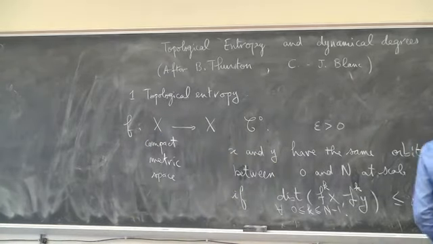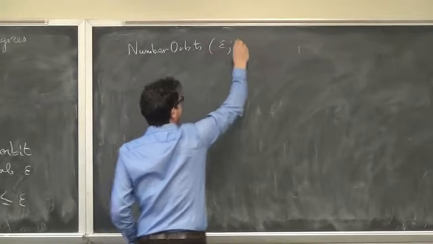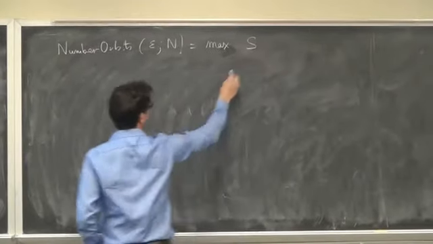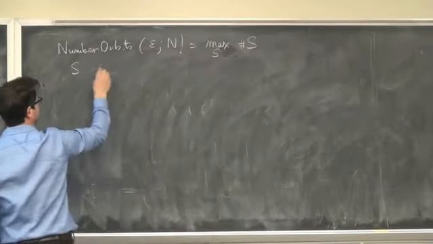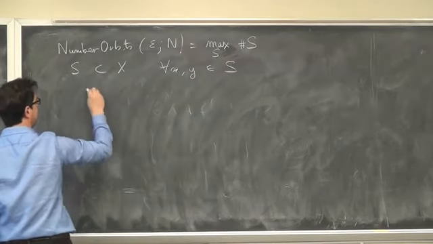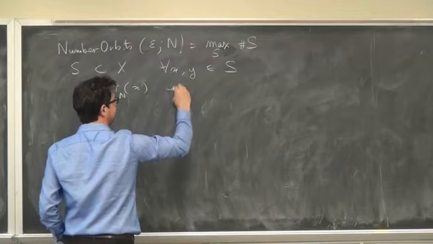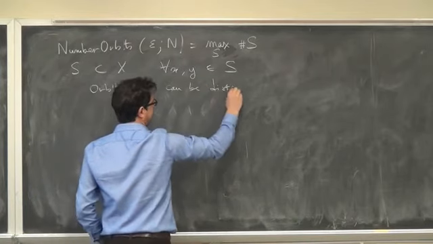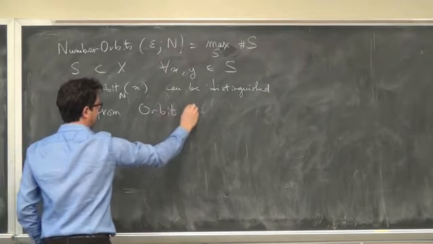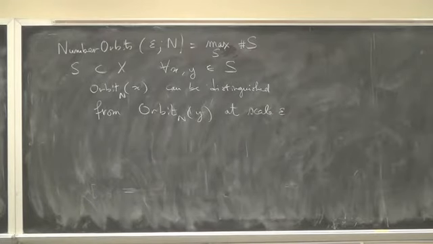So now you count the number of orbits at scale epsilon during time n: the maximum of the cardinal of S, where S is a subset of X such that any two points x and y in S can be distinguished at scale epsilon. Okay, so it's a finite number.